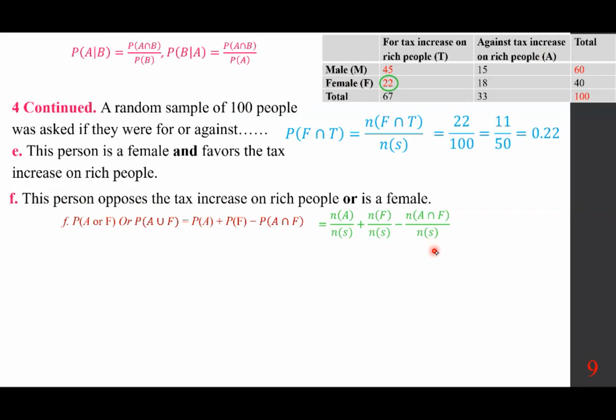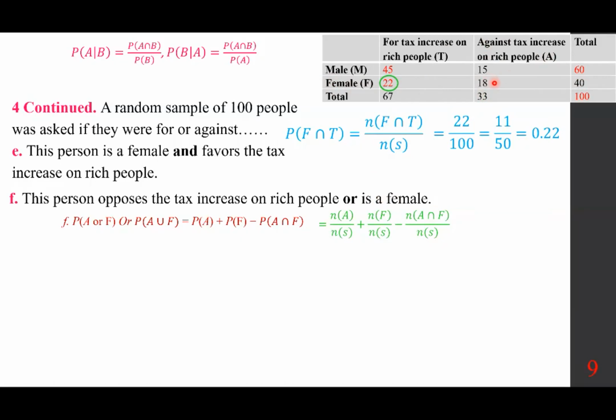I want you to understand the concept from the point of view of formula, and then you can easily understand what happens here. Now, what this means, look at the A group, we have a total of 33. That's what this is. Then the F, we have a total of 40. But between the two, what's in common? 18.